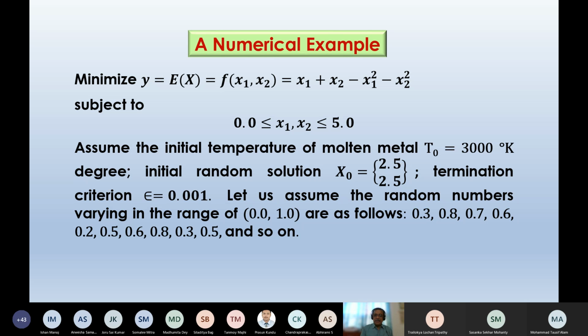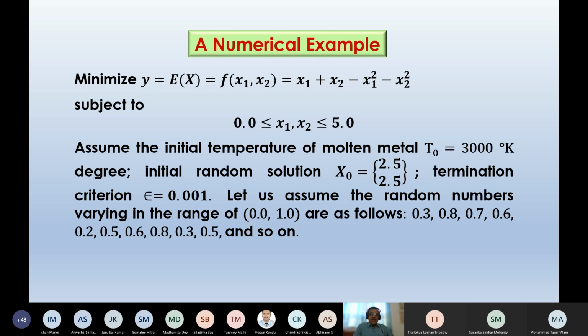As it is copying the cooling process of a molten metal, its metallurgy is known to us, and with the help of some mathematical models like the Boltzmann probability distribution and others, its convergence could be proved mathematically. So this particular algorithm has a concrete mathematical convergence proof, which we do not have for other algorithms till now, like genetic algorithms, PSO, and others.